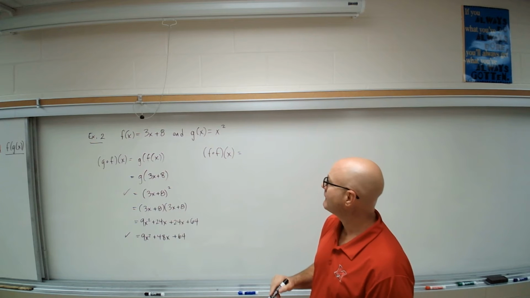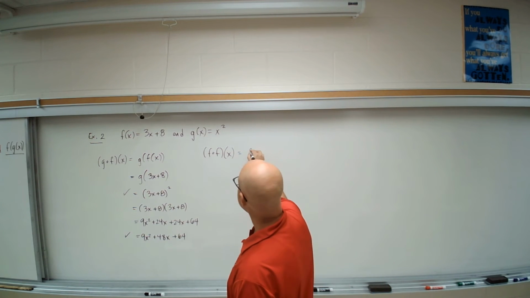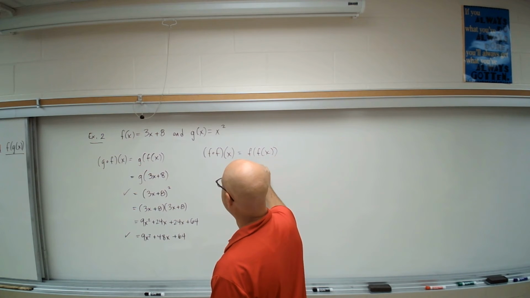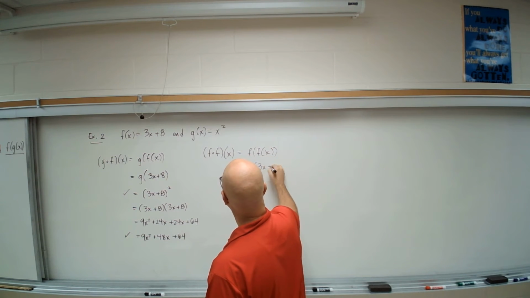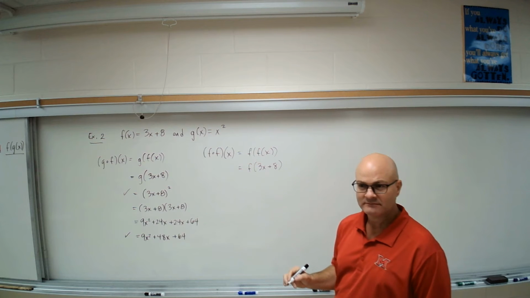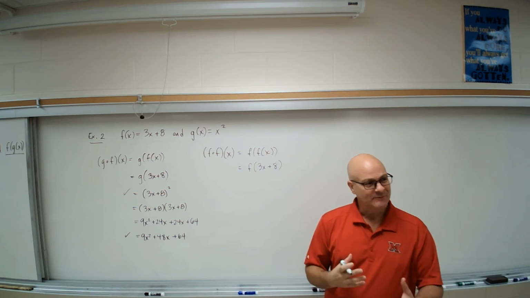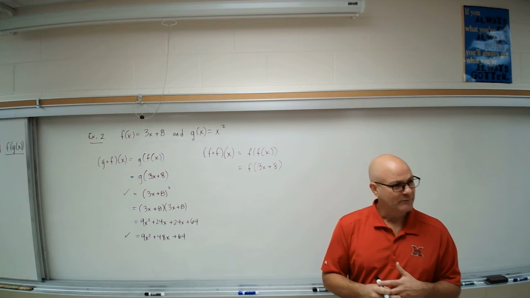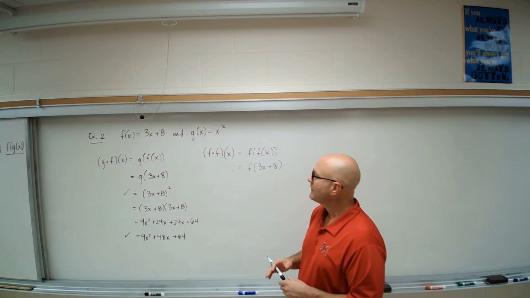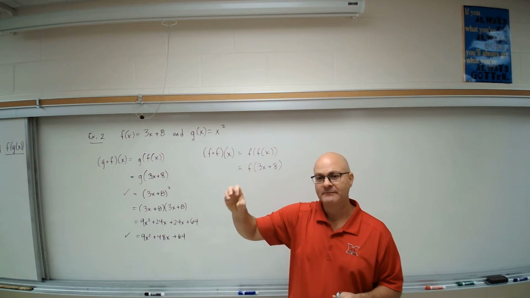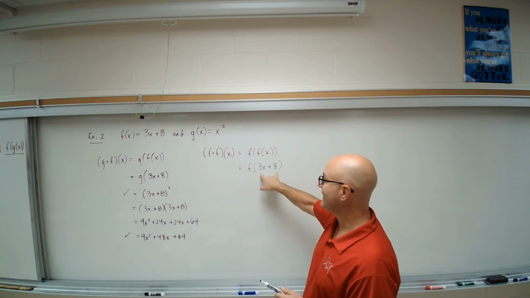So now we have f of f of x. So f of x, we'll take the inner f of x and replace it with 3x plus 8. Well, now the rule for f of x, this gets a little weird sometimes when you plug it into itself. I think people tend to get tricked by this a bit. But just really try to describe what the function is doing. 3 times the input, then add 8. So this is the input, right?